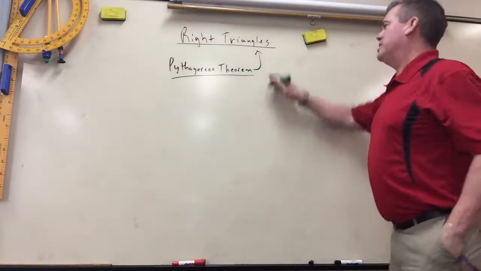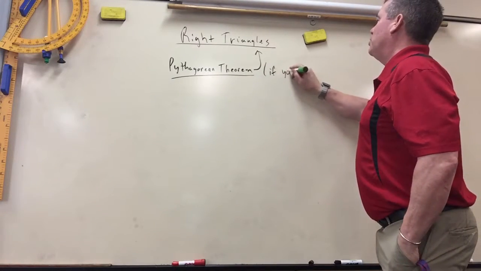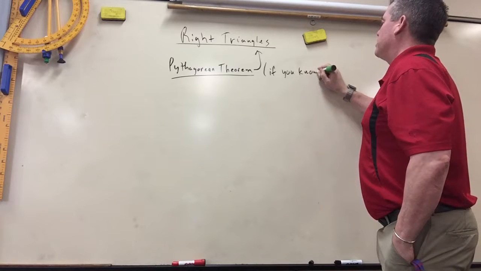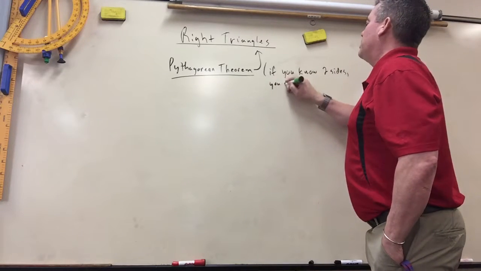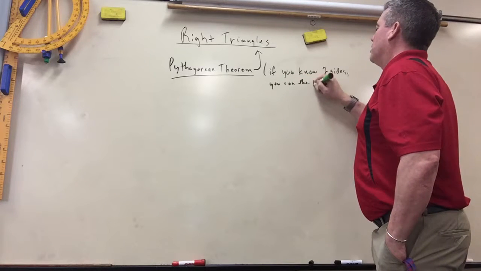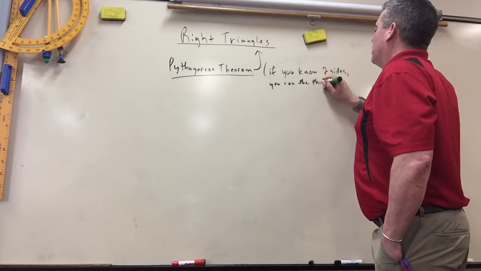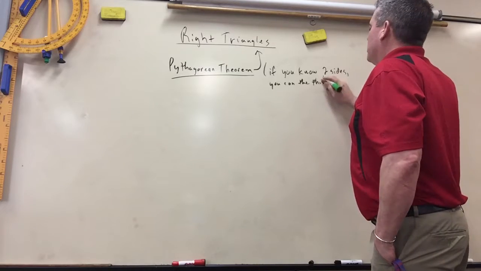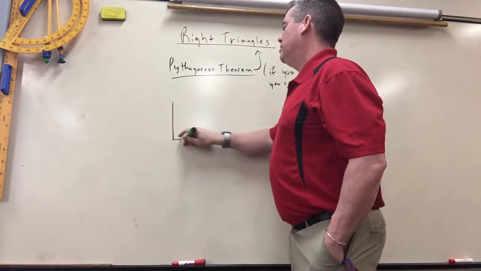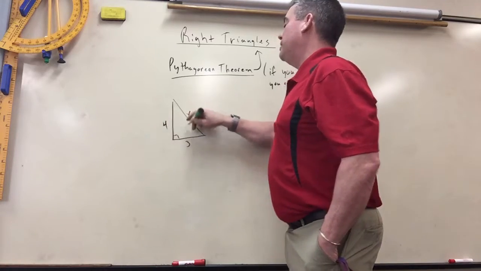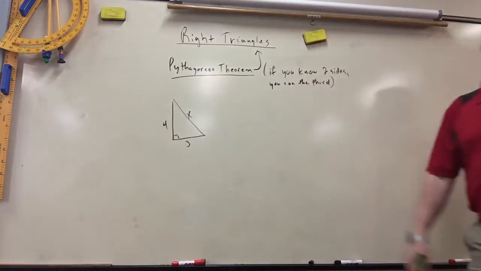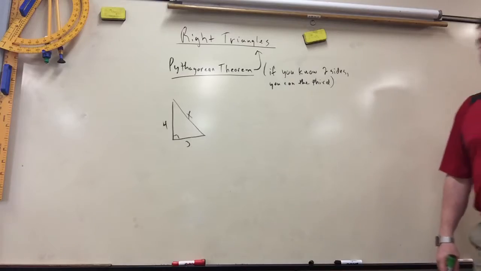And what this is, if you know 2 sides, you can find the third. So in any right triangle, if you know 2 of the sides, you can find the third side. And it can be any 2 sides.